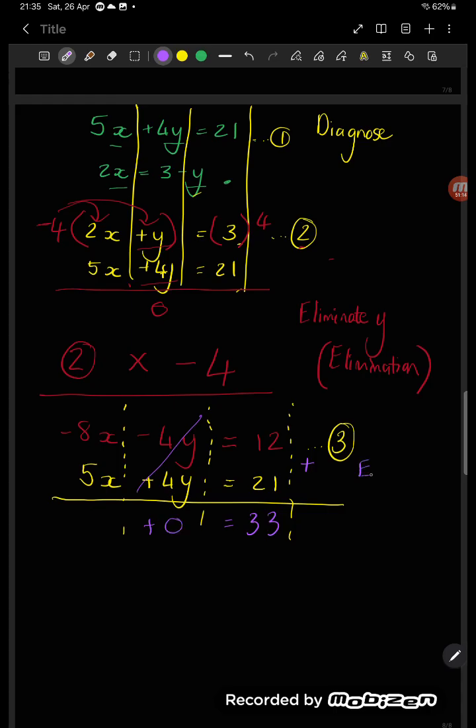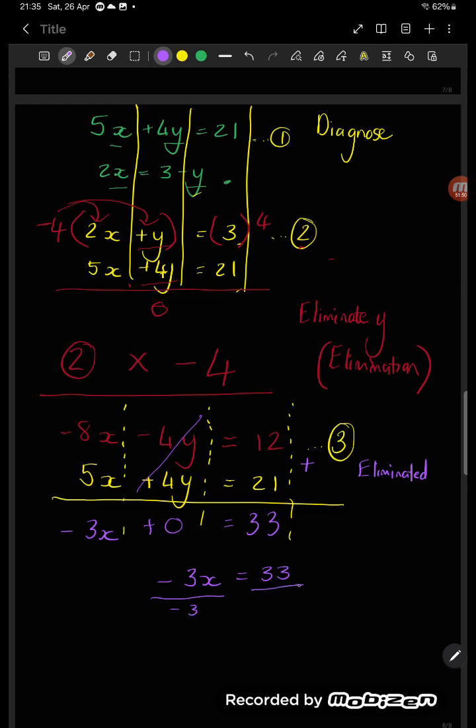But it has eliminated one of the variables so that I can focus on the other. Send that variable for a nice dinner somewhere at a fancy restaurant so that we can focus only on x. Okay, cool. So 5x minus 8x is going to be minus 3x. And now I can solve for x. Yay! Okay, so minus 3x is equal to 33.